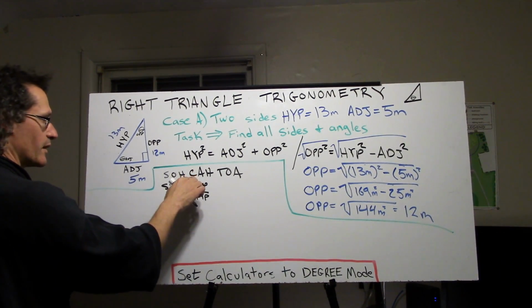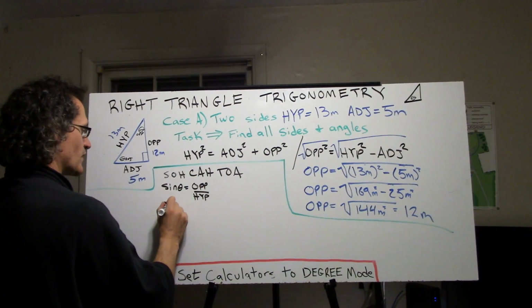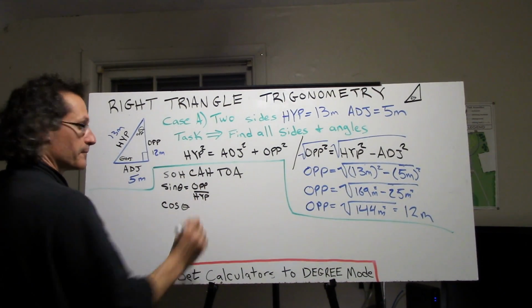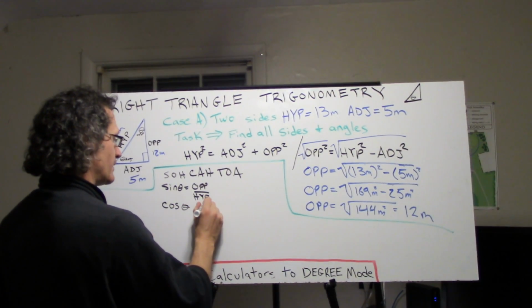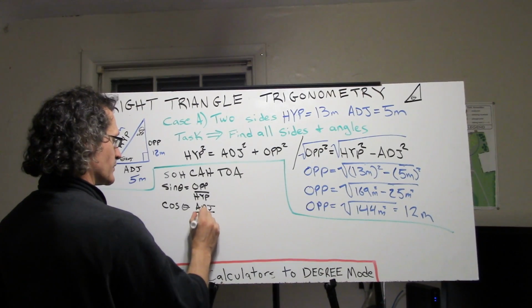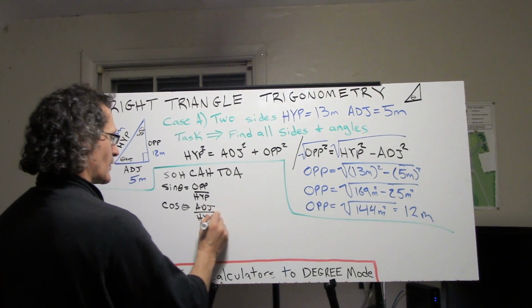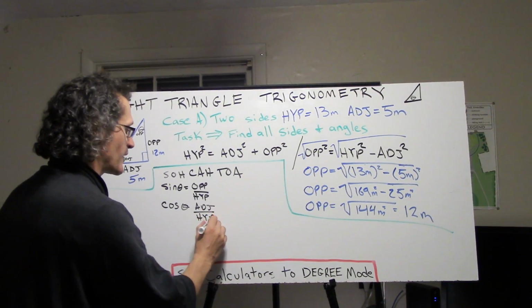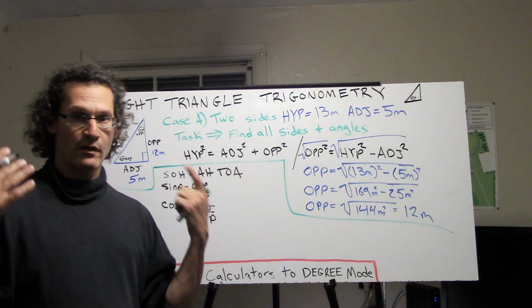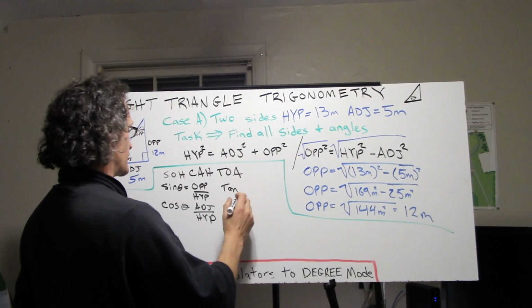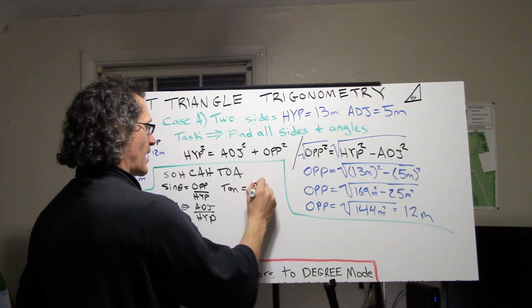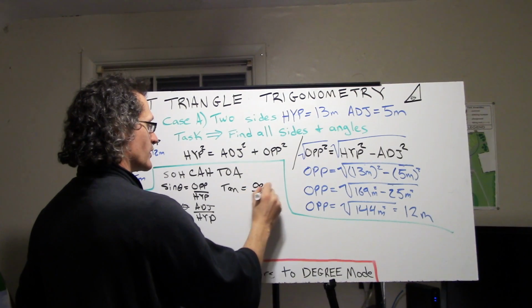We have the cosine of the angle equal to the adjacent side over the hypotenuse. And then the last trigonometric function, the last one that we're using anyway, is the tangent, which is opposite over adjacent.